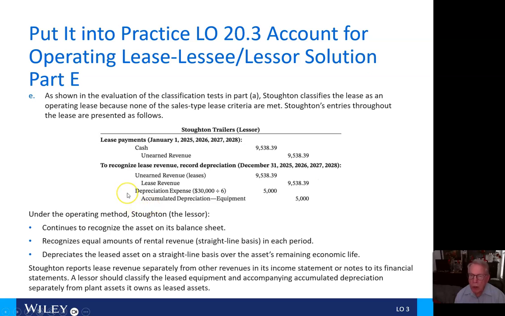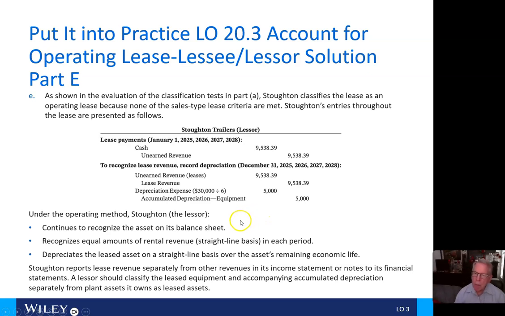And it will also record depreciation expense on a straight line basis by taking $30,000 and dividing it by 6, which gives us $5,000 for a debit to depreciation expense and a credit to accumulated depreciation on equipment.